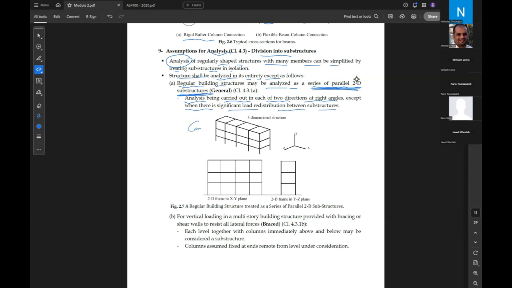For example, we have this complex building, so you can assume that you have two directions of the building. This is one direction, like that, and this is another direction. So you can assume that the building has two faces, and this is 3D. You convert this into 2D members or 2D frames. Okay, this is just some simplification to simplify the analysis.